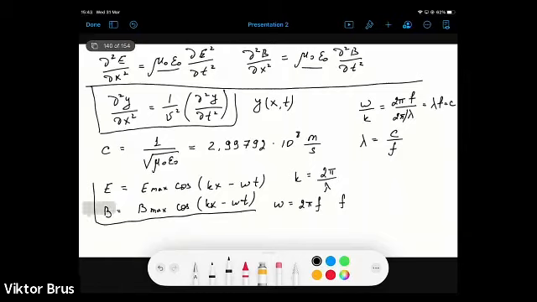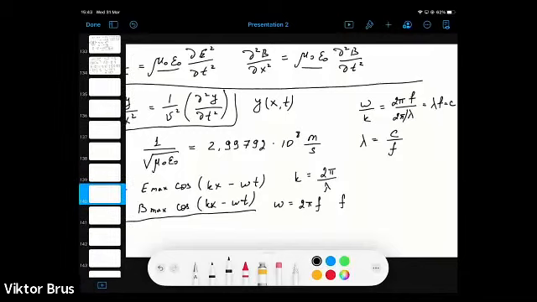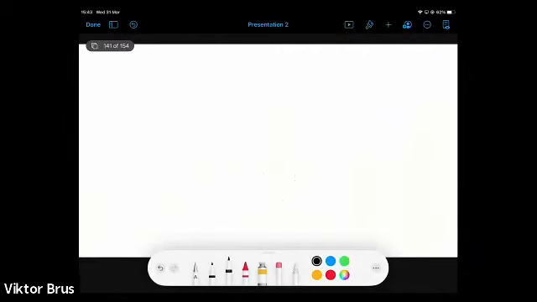So let us proceed to the next slide and consider derivatives of these functions. We will take the partial derivative of the electric field with respect to x and of the magnetic field with respect to t.